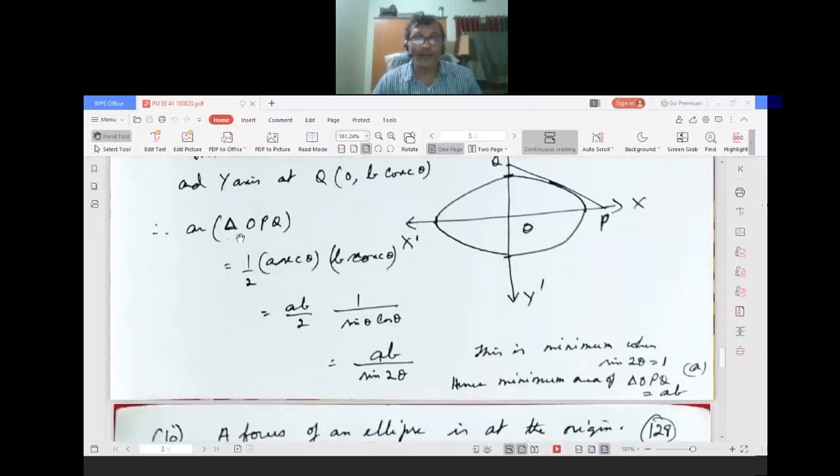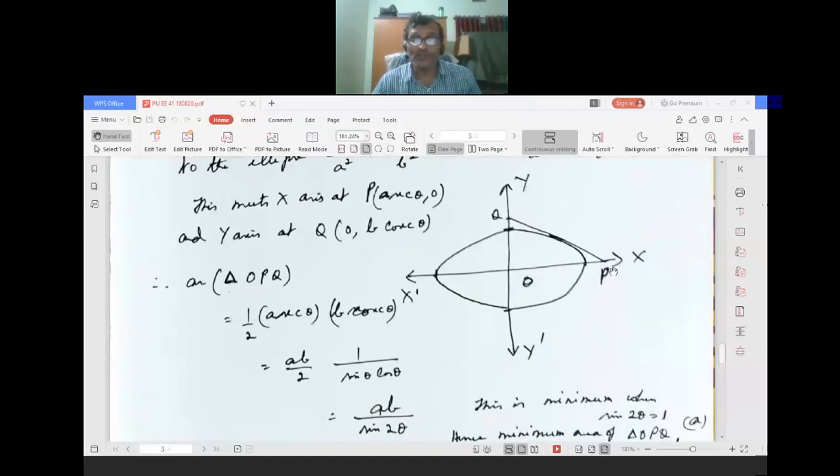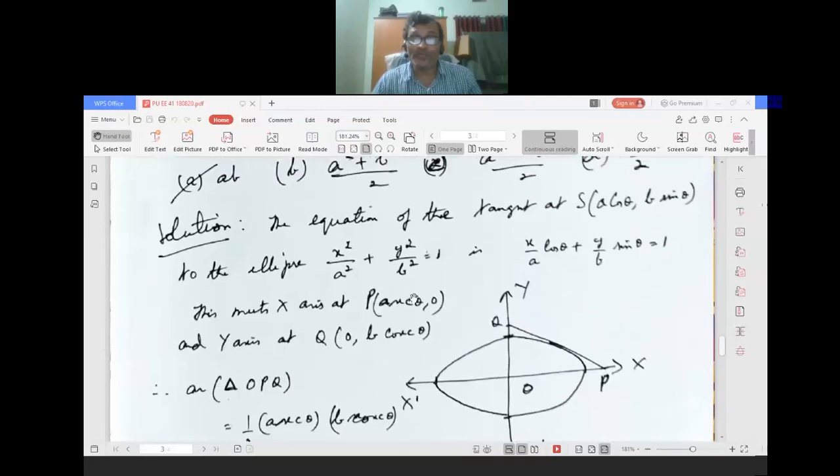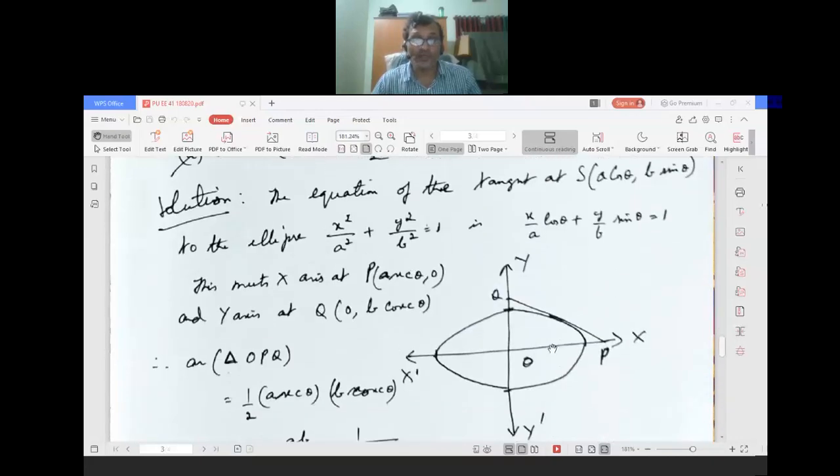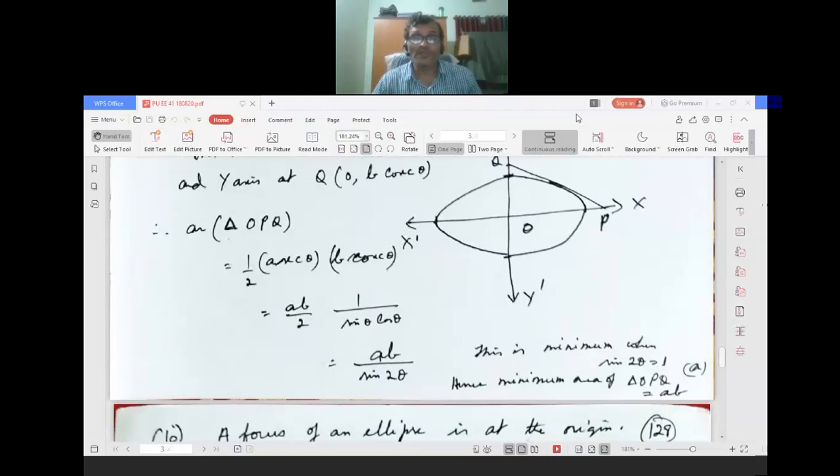Now area of triangle OPQ is half into base into height. So base OP is a secant theta and height OQ is b cosecant theta. So half into base into height means half into OP, which is a secant theta, into OQ, which is b cosecant theta.